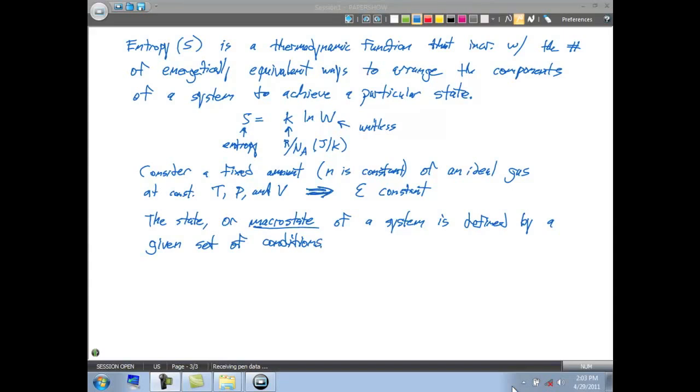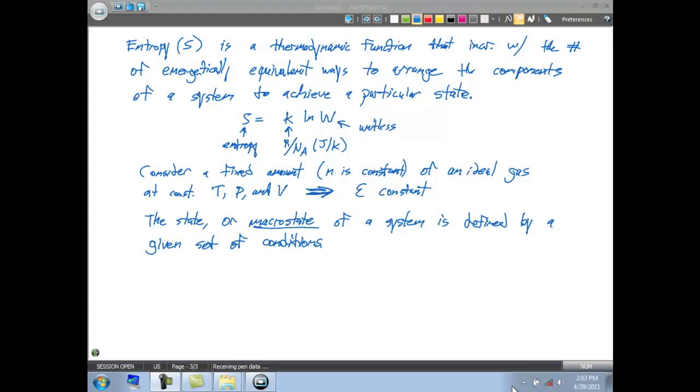And we can define this set of conditions in any way that we want. We can say that we have an ideal gas, which means all the collisions between the molecules are going to be perfectly elastic. We can say that we have constant pressure, volume, and temperature, and a constant number of moles.